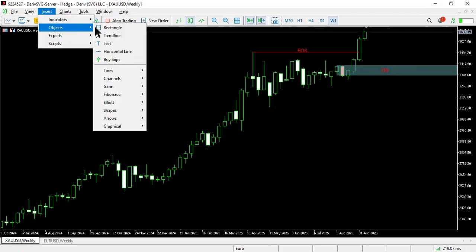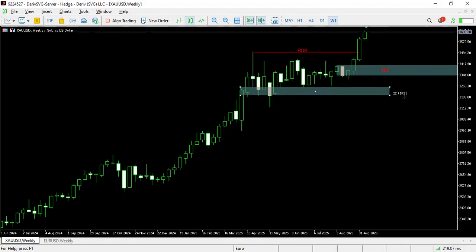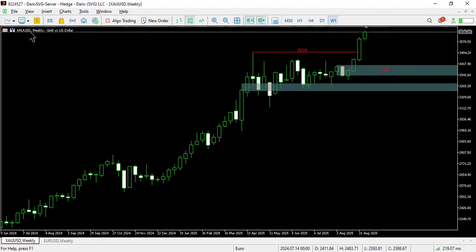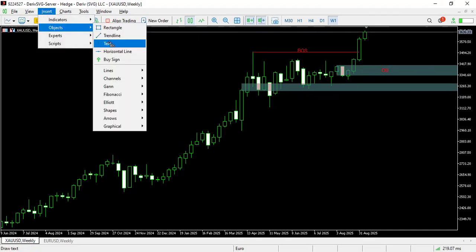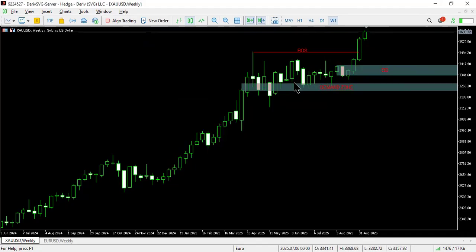And then you can mark your demand zone on the weekly time frame. So that is our demand zone. That is all that is visible on the weekly time frame.